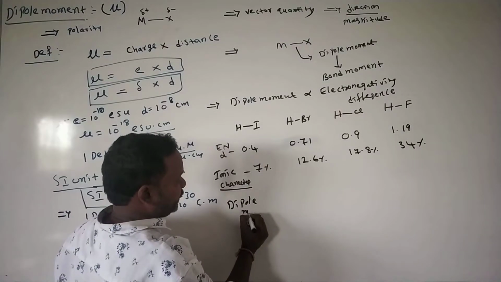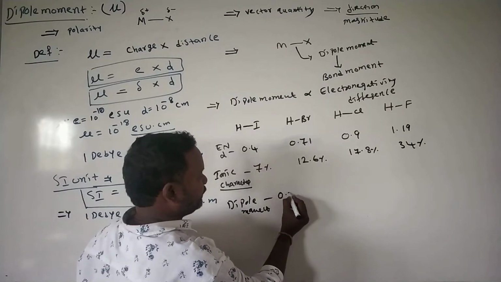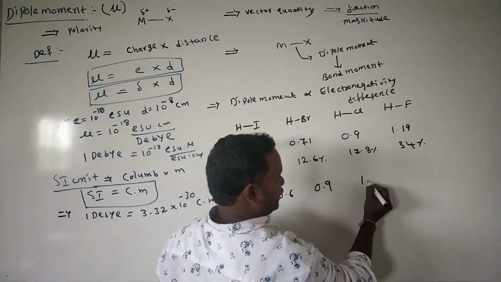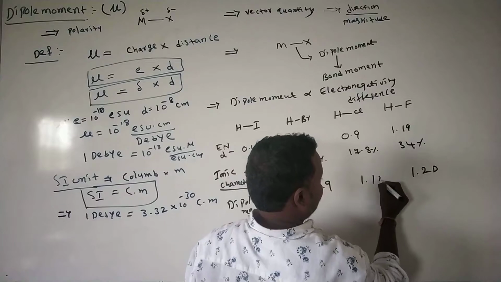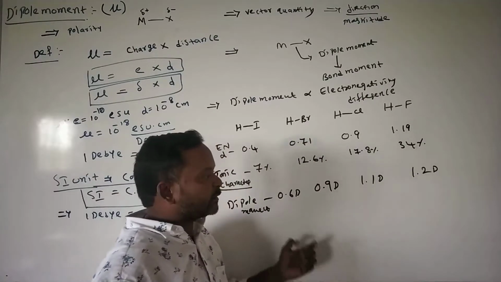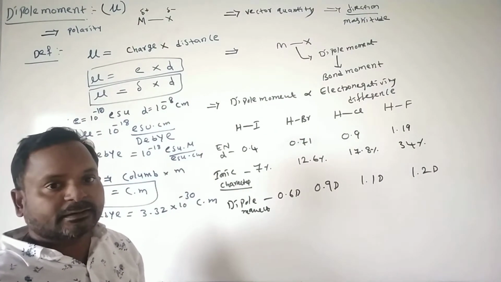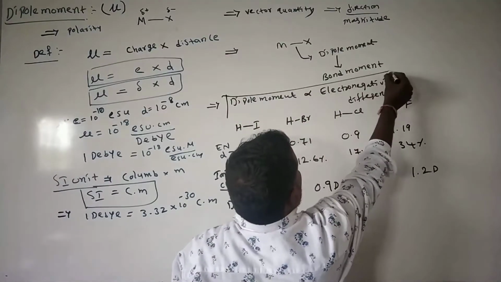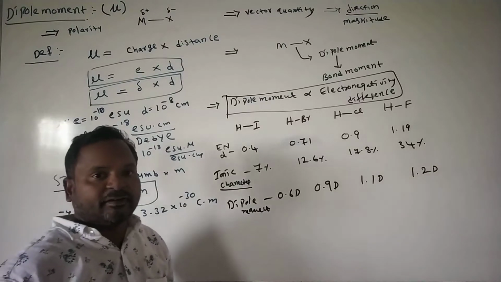Here see the dipole moment values. Suppose, for example, it has a dipole moment value of 0.6, then 0.9, then 1.1, and nearly 1.2 debye. These are not accurate values, but the dipole moment values gradually increase. This is the relation between dipole moment and electronegativity.